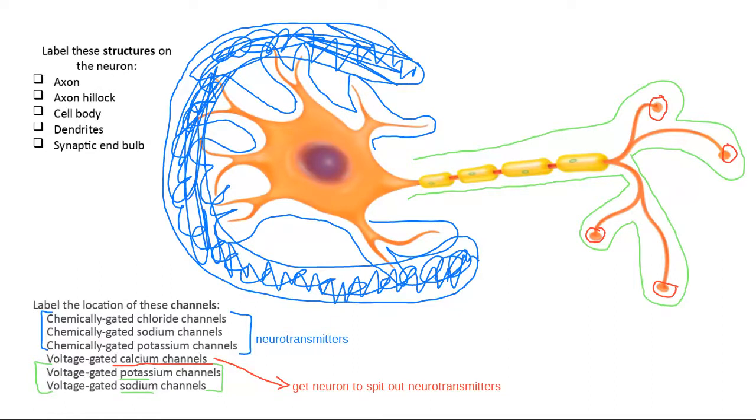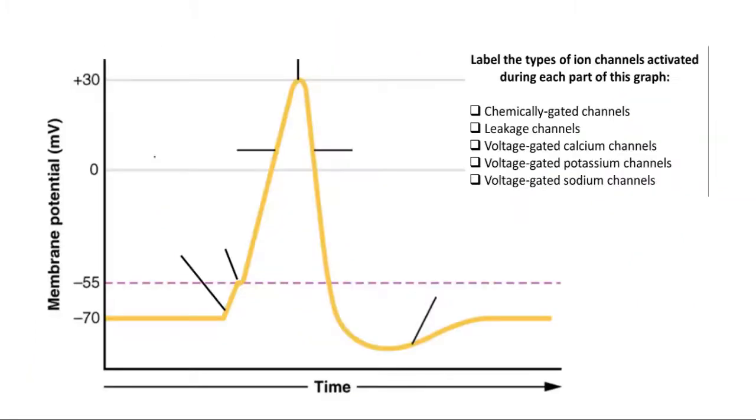In addition to knowing where those channels are on the neuron, the other thing I asked you to do was to know when on this graph we're using these different channels to do things. So when we're looking at this graph, you have another label where you're labeling the parts of the graph.